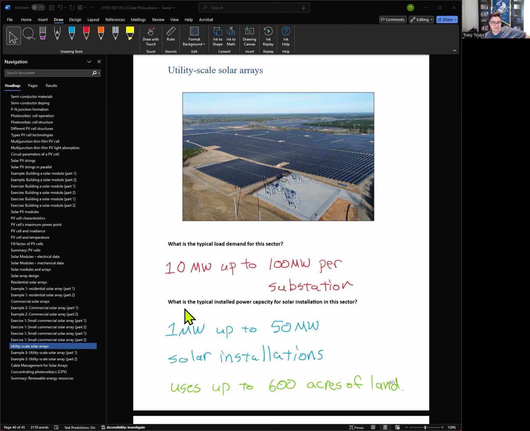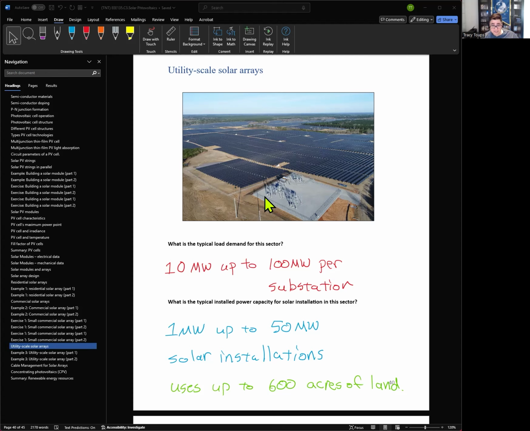So if we're going to get in a ballpark, we need to make sure our solar arrays nearby are somewhere between 1 megawatt up to about 50 megawatts of installation. So that's a typical utility scale. It's not worth building anything less than 1 megawatt because of the cost it takes to get the land, all the regulatory things, building in remote areas.